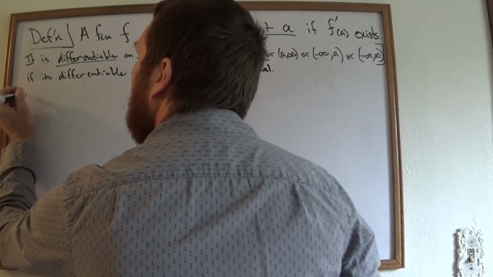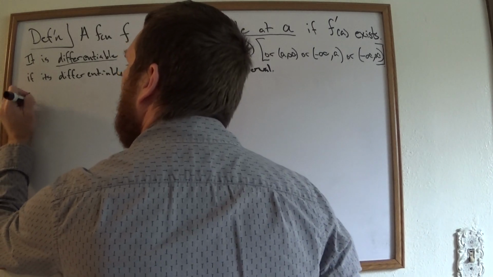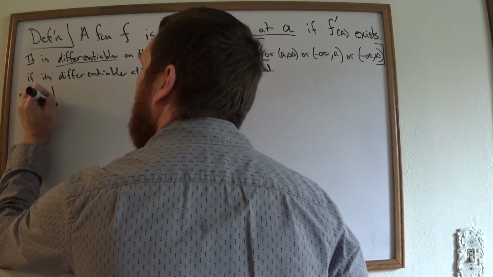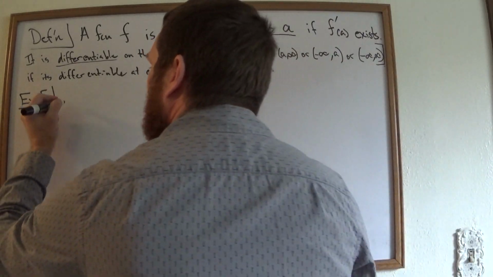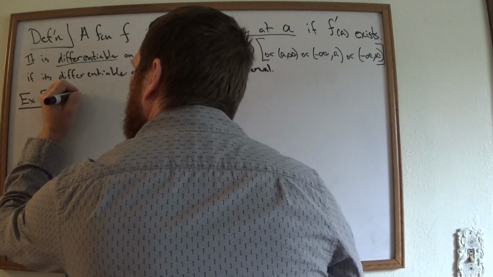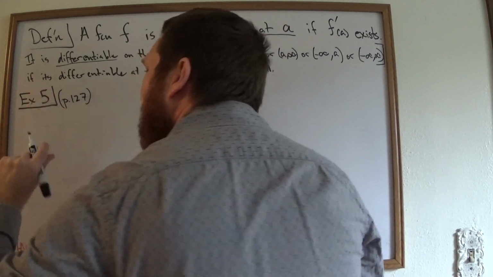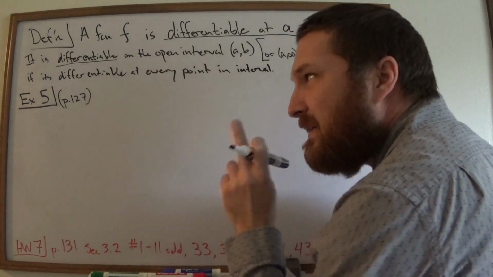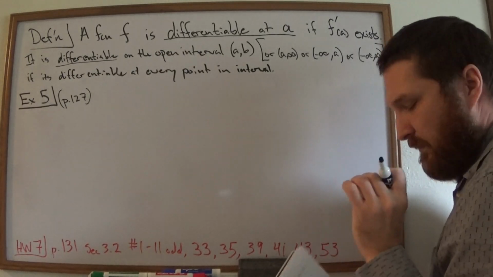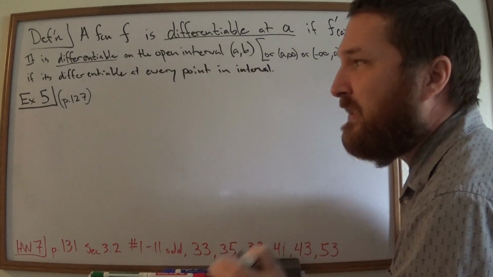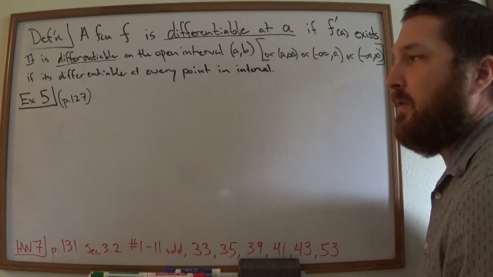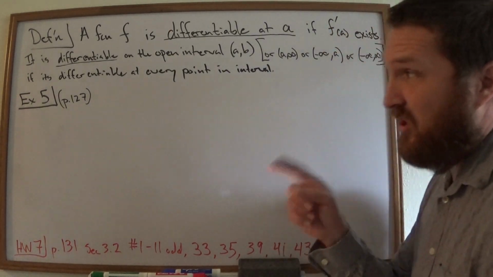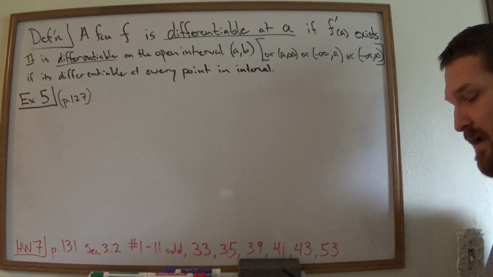I was going to come up with my own example, but they do a really good job in the book with example number 5, on page 127, because I have a certain way that I bring this up. The example in the book goes into very good detail about other stuff that I'm not going to bring up here, so if you want more on this, read the rest of that example.